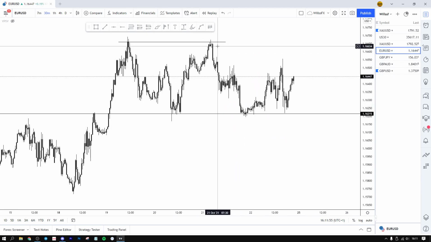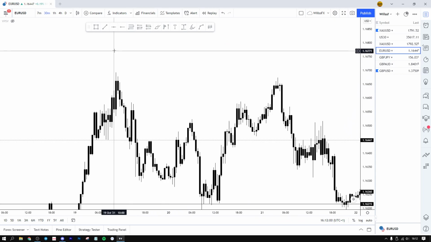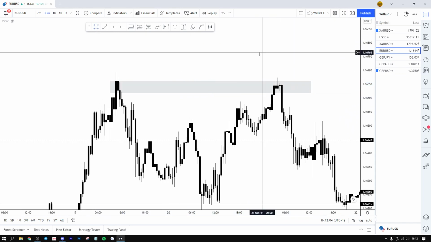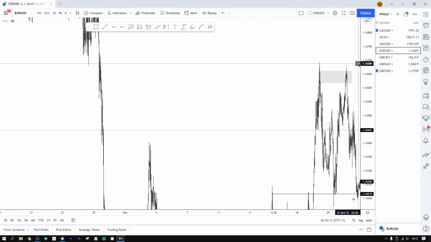If we look at a few other pairs, you can see exact same thing on EU. You have this zone here. You could say this order block's already been tested. However, price did actually come back to retest it.